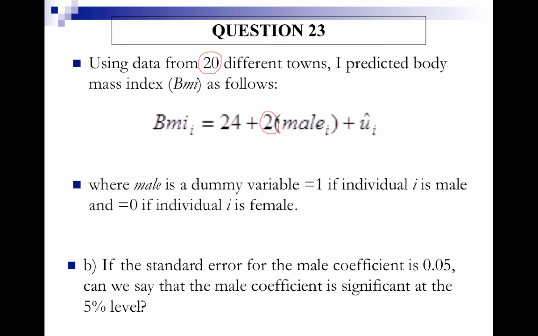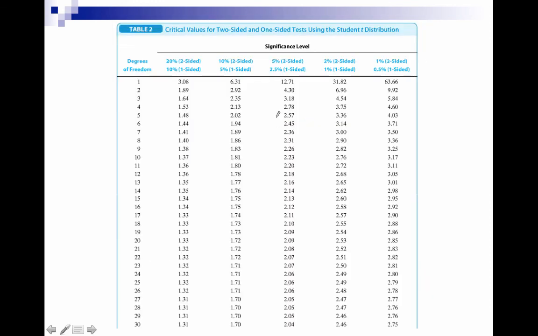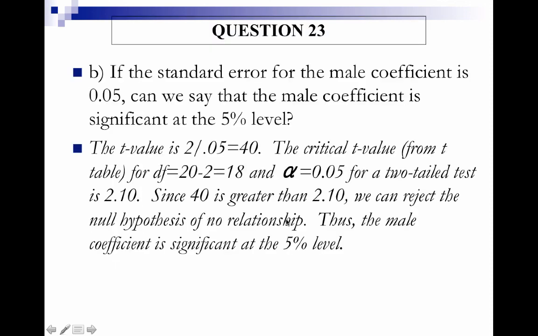We're looking at a two-tailed test with an alpha level of 5%, so two-sided, 5%. We go down, and we see that the critical t-value is 2.10.